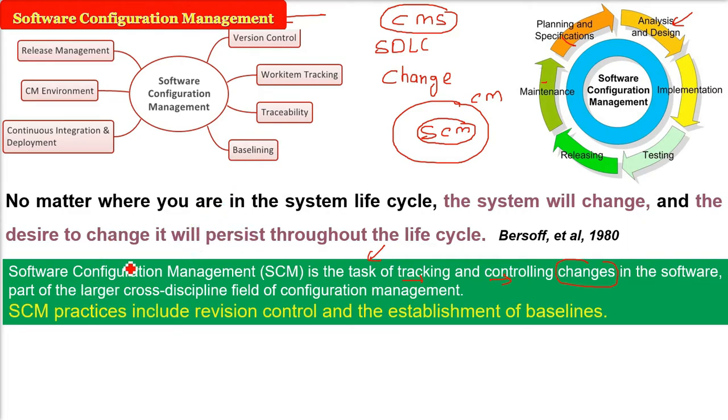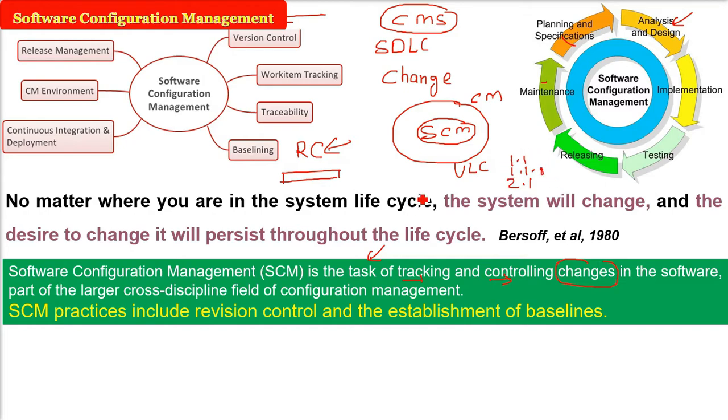So in this software configuration management, the important practices are, first, revision control, the version control, and the establishment of the baselines. That is, if you remember the VLC player, you know when it started and now you know what version it is.